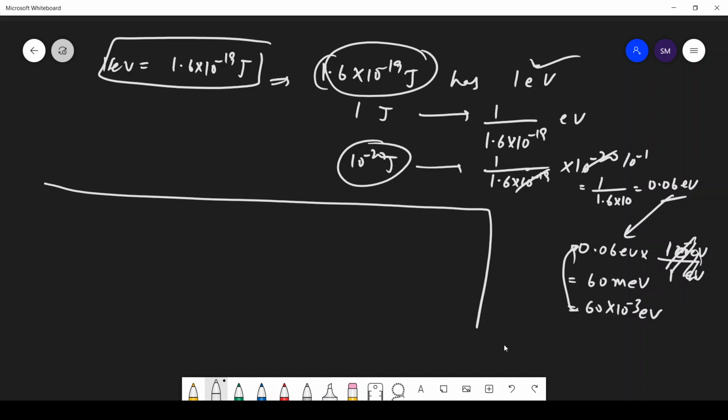Okay, so that will come out to be 6 milli electron volt, because 10 is for 21 here, so 0.006. So that's B part.